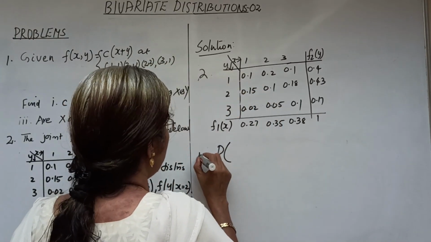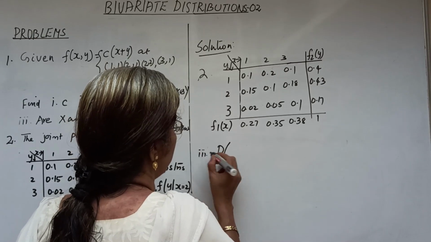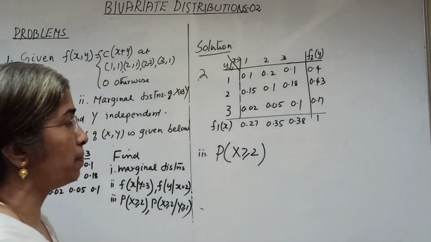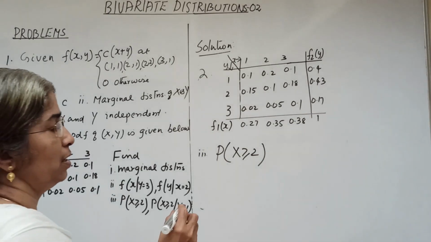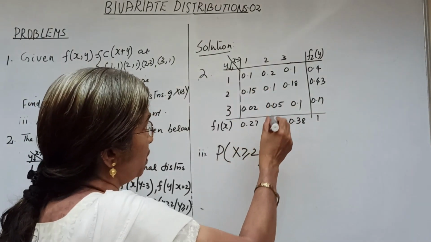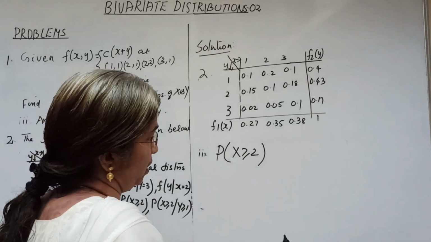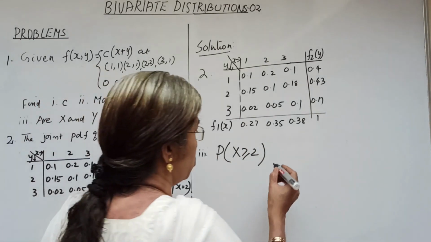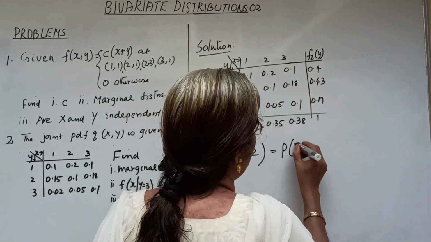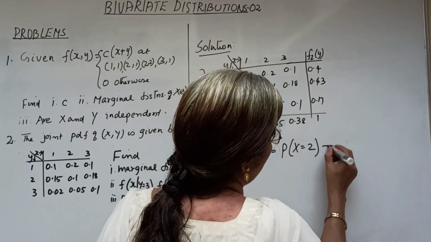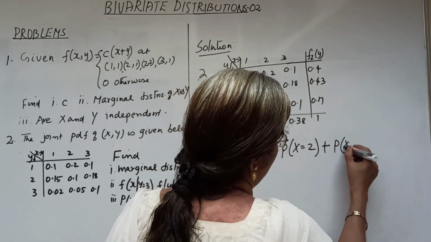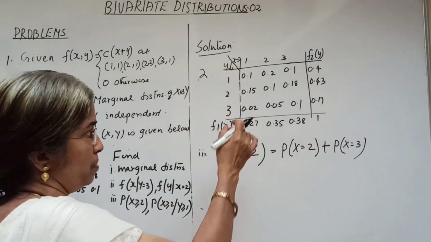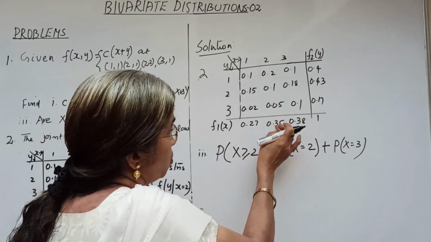The last part is probability x greater than or equal to 2. What is probability x greater than or equal to 2? This is the bivariate probability table, given in the table form f of x y. Now probability x greater than or equal to 2 means probability x equal to 2 plus probability x equal to 3. Probability x equal to 2 means this column total.